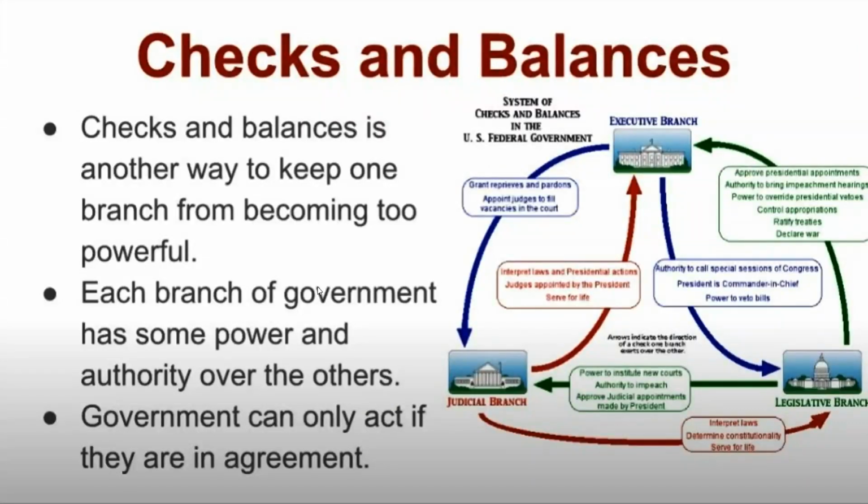Checks and balances is another limitation to our government's powers. It's a way to keep any one of those branches from potentially becoming too powerful. Each branch has some power and some authority to limit the powers of others, and therefore leave the three branches of government in some sort of balance. So, a really relevant example of this is the impeachment of President Trump.